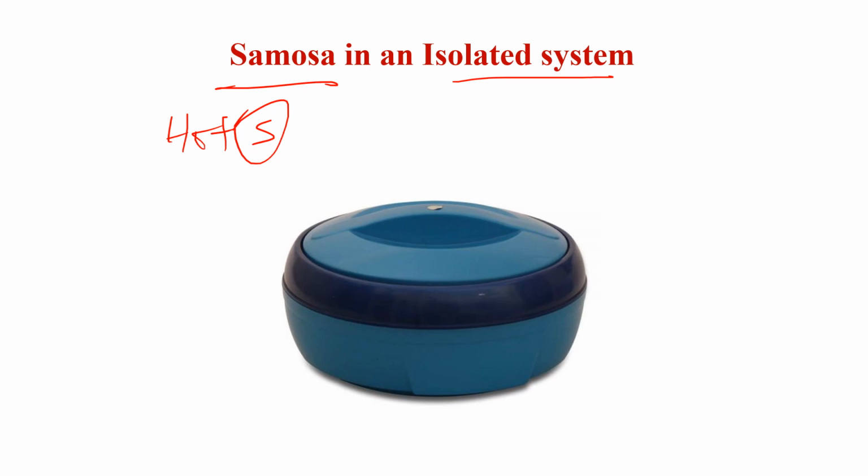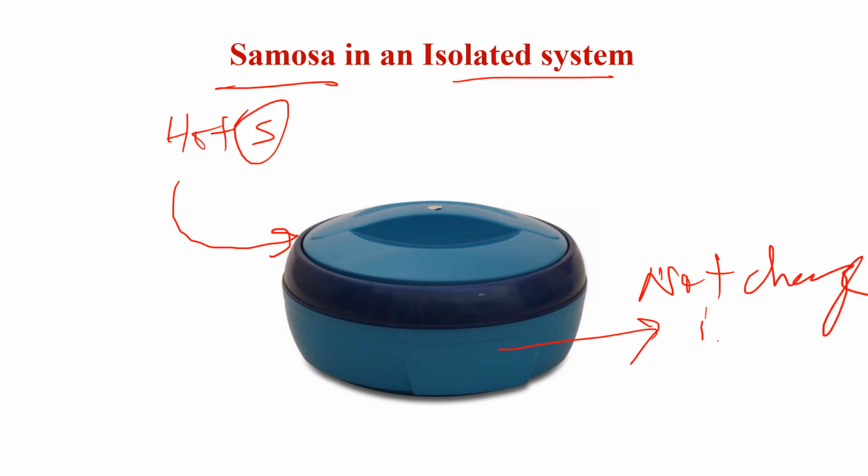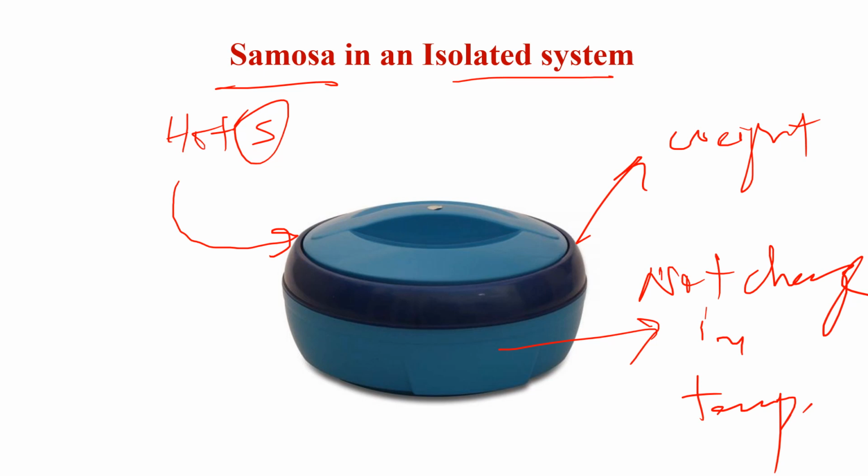And if instead of storing these samosas in a simple airtight vessel, I am storing them in an insulated bowl, and after some time, what I find is the temperature of the samosas was the same as it was after the fry. So there was no change in temperature, right? And there was no change in the weight of the samosas.